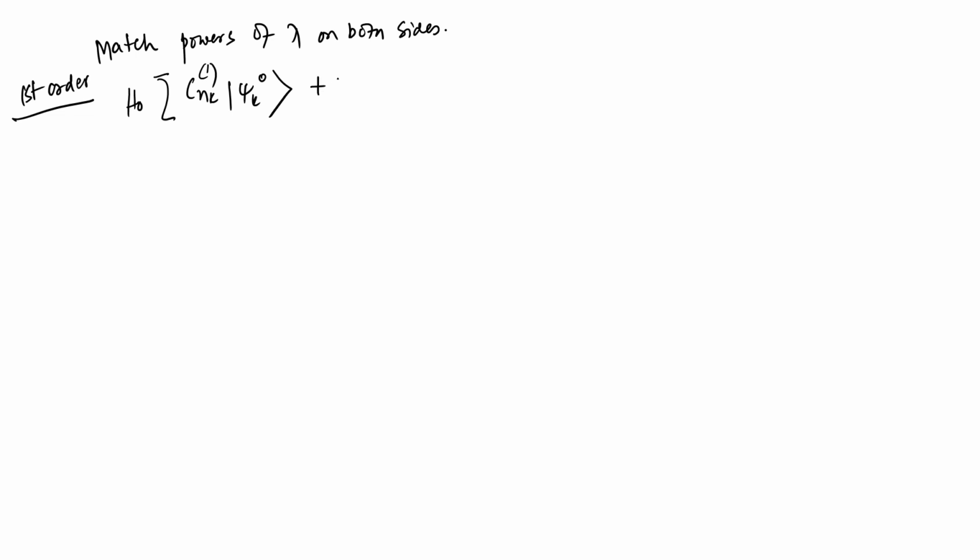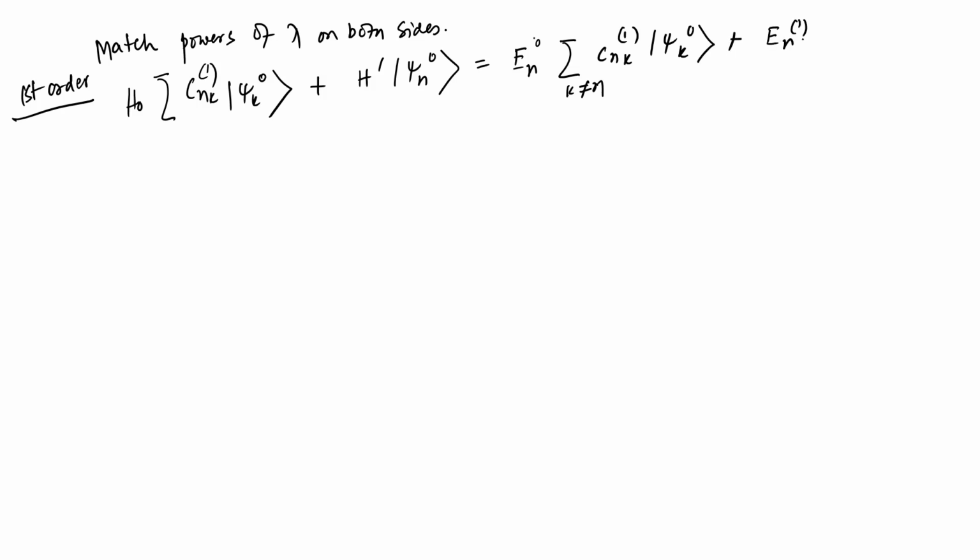So, this plus H prime psi n 0 equal to E n 0 and k not equal to n, and we have a C n k 1 and a psi k 0 plus a E n 1 psi n 0 and so on. Okay. So, you see that we have just equated the first power of lambda on both sides.